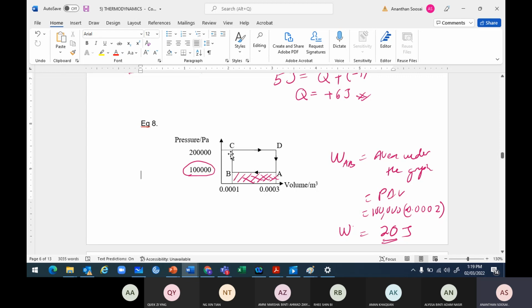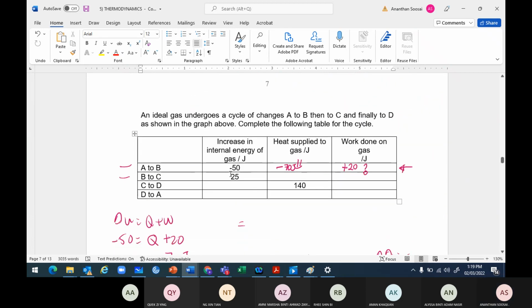So what is the work done? B to C, no change in volume. Volume doesn't change means work done is 0, right? You never compress, you never expand, so no work done. So for sure, for B to C the work is 0. Why? No change in the volume.